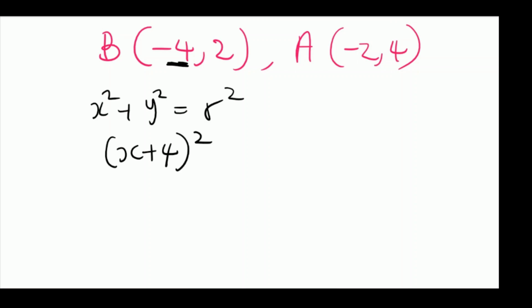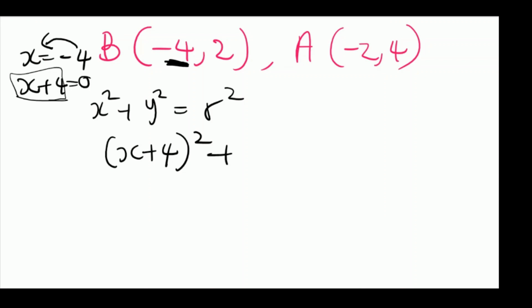Because this x value here is x equals minus 4, meaning when you take this minus 4 to the other side, you have x plus 4 equals 0. So now it's a factor. You write it as a factor, hence I wrote x plus 4. Then plus your y value of the center is 2, so it's going to be y minus 2 squared equals r squared.